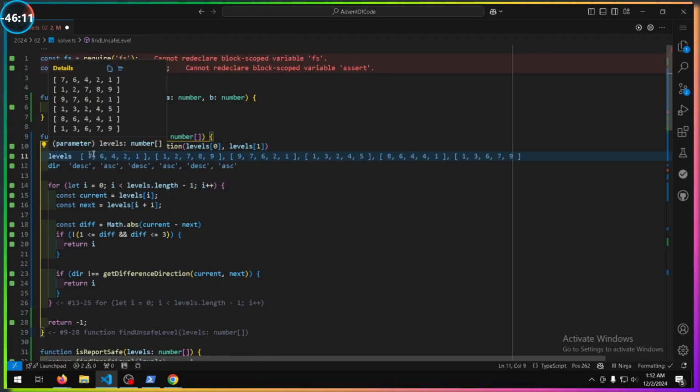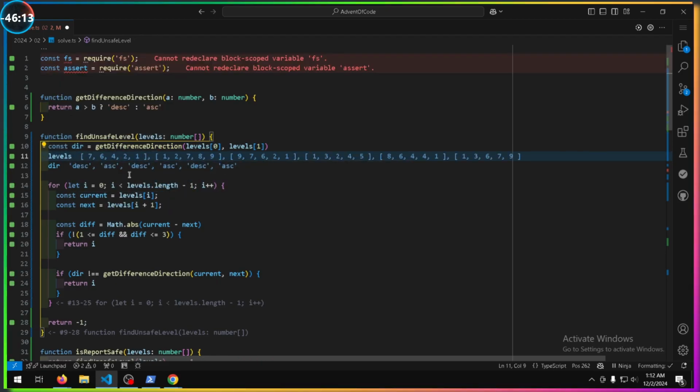That is always between the first two. Hey, what direction are we going? We're going descending or ascending. Can only be 2 options. That just compares which one is greater. Based on that, it returns the correct order. So 7 is greater than 6, so we are going down. 1 is less than 2, so we are going up.